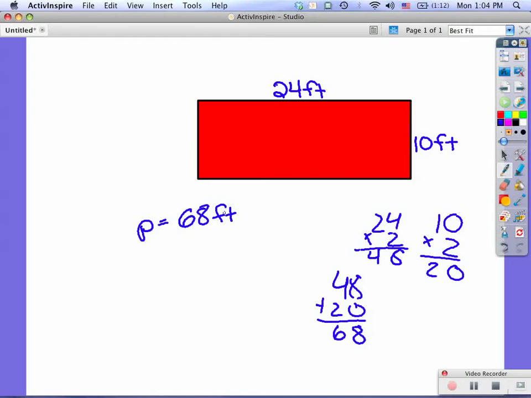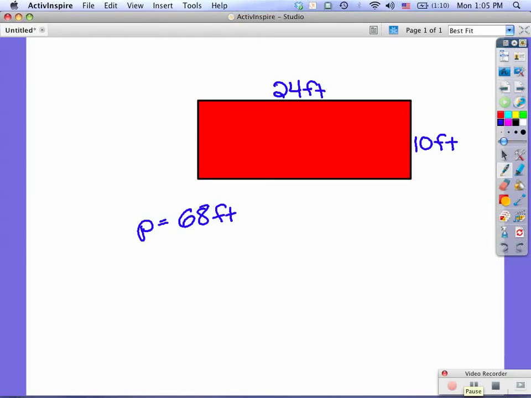So how would I find area? Area of this problem. What you do is times 24 by 10. And then you take 24 would be your answer, except you square.